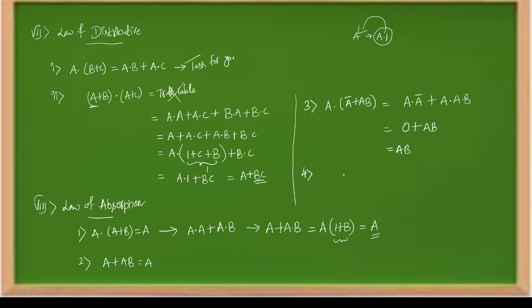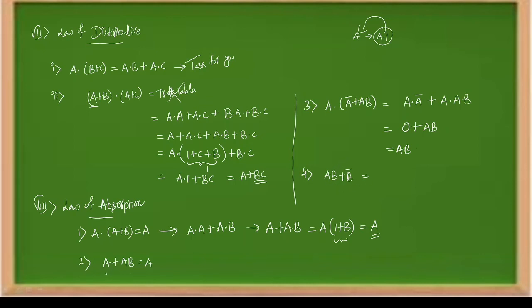For all these, you don't need a tabular column, because the proof for these postulates requires the knowledge of the basic postulates, which we have studied already. Now, the next law is A B plus B bar is equal to. See, how can I write this, AB plus B bar?